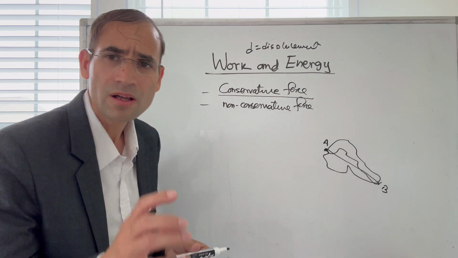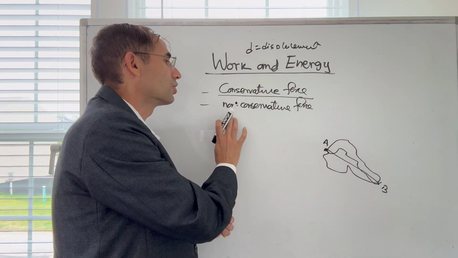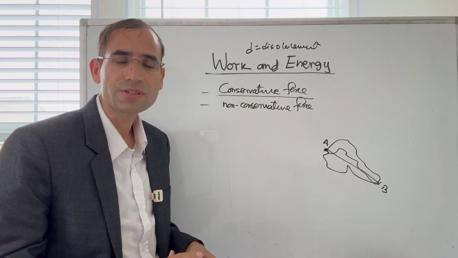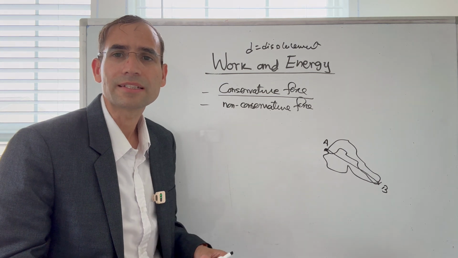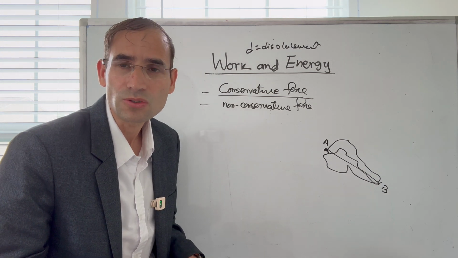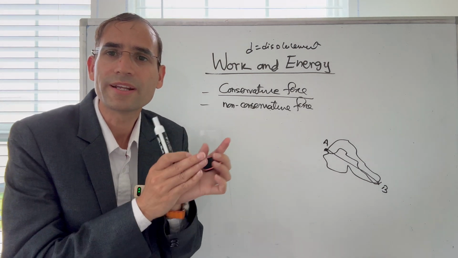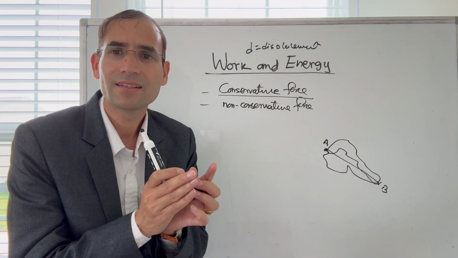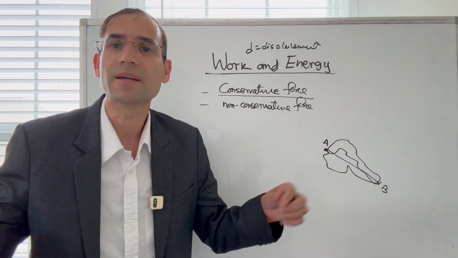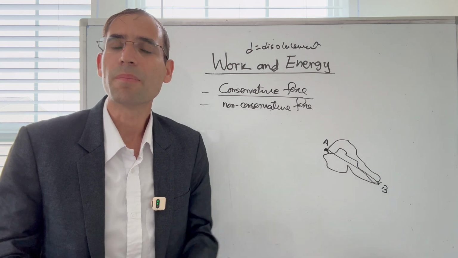But some forces, just like the friction force, are not conservative forces because they cannot be stored. They are dissipating. For example, if you rub your hands, there is friction, so the energy is not stored there. Energy is dissipated in the form of heat and other forms.